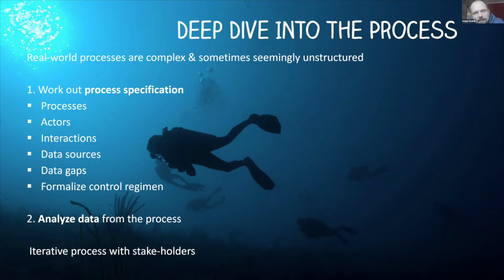And clearly, in any business process, decisions are always informed, usually by relying on certain data sources. I think that's also a very important aspect, that we dive into those data sources to understand what's available and also where there are information gaps.